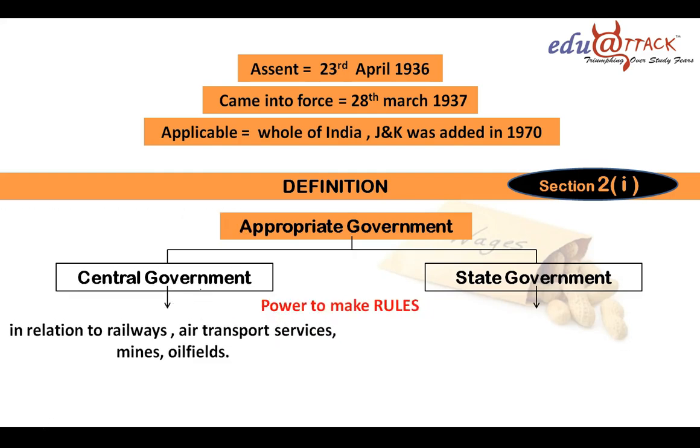In relation to railways, air transport services, and mines and oil fields, the power to make rules is vested in the central government. For subjects other than these, the state government has the power to make rules.